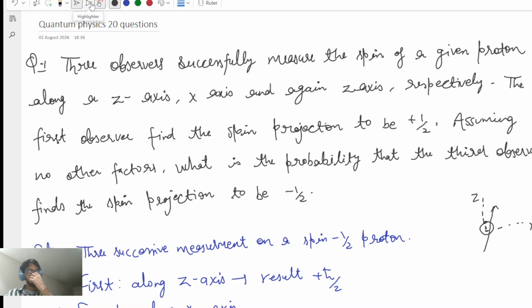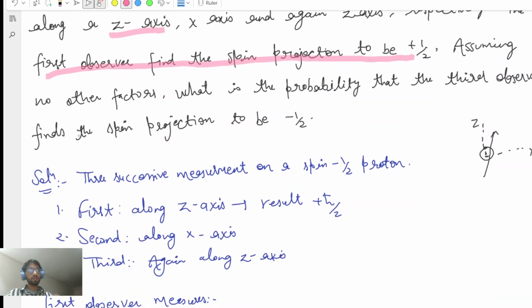It is asked, what is the probability that the third observer finds the spin projection to be minus half? First, it is given that the first observer finds the spin projection to be plus half, and the first observer measures in the z-axis. Okay, so let's do this.